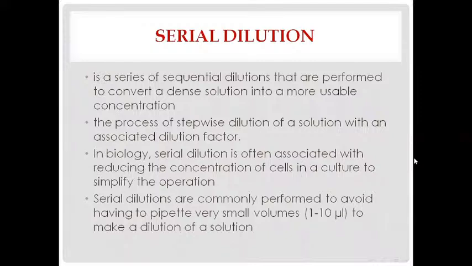So it's very critical. Then dilutions are also commonly performed to avoid having to pipette very small volumes, like 1 into 10. These are small volumes. If I ask you to pipette 1 microliter, for sure, that is too little. But if I ask you to pipette 20 microliters, that is reasonable. 50 microliters, that is reasonable.